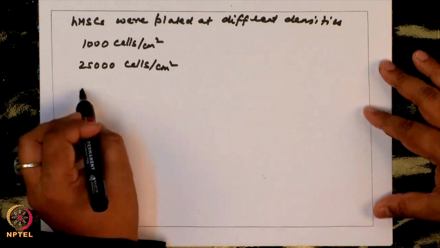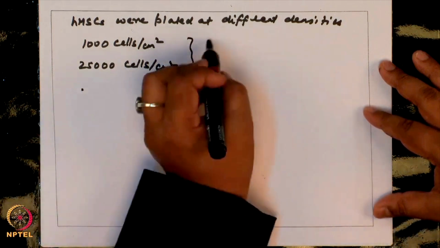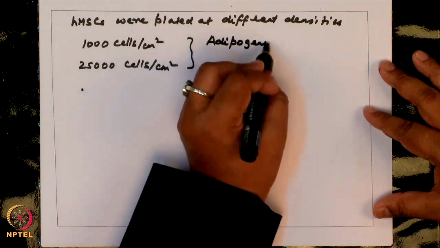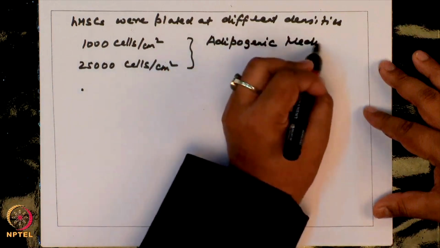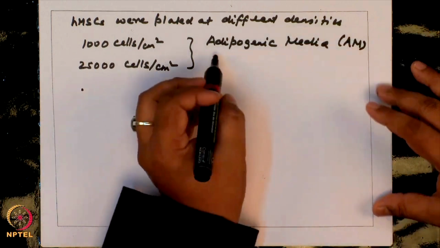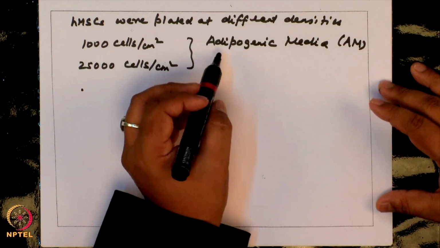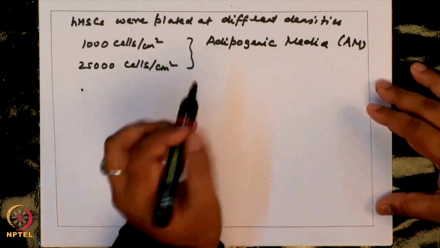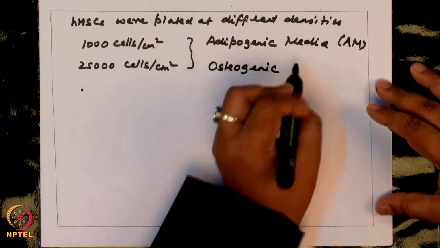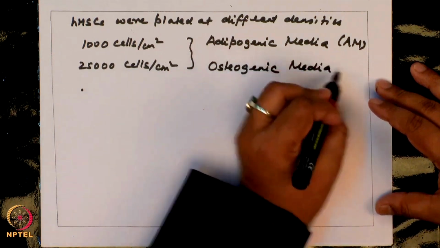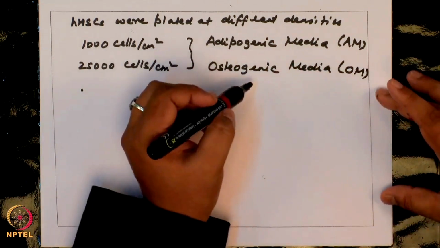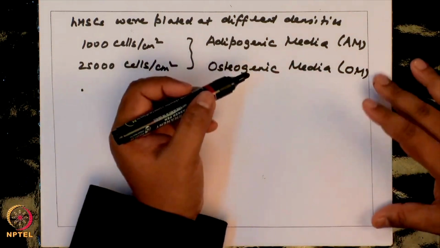They also did these experiments in the context of adipogenic media, which would typically induce differentiation of HMSCs into adipocytes, or osteogenic media, where the chemical factors present in this media induced osteogenic differentiation.